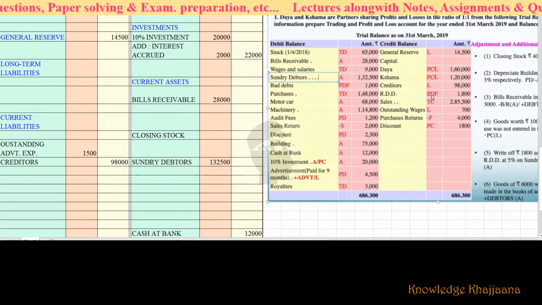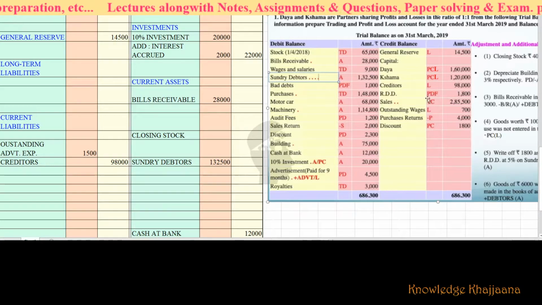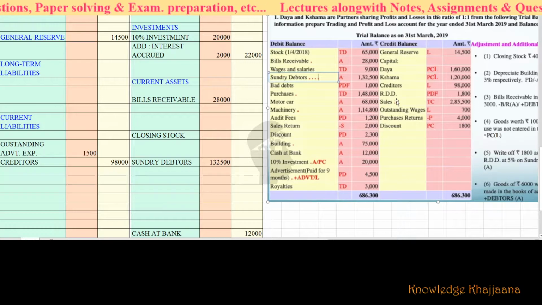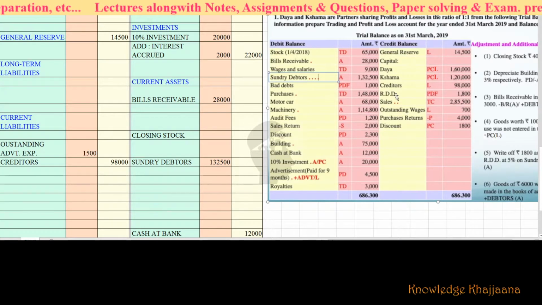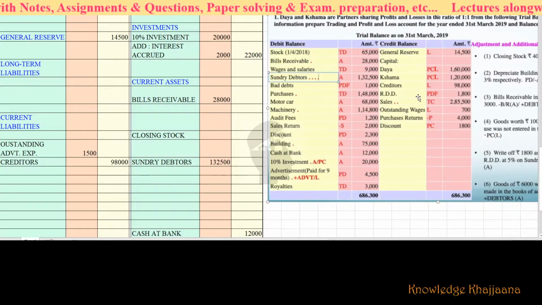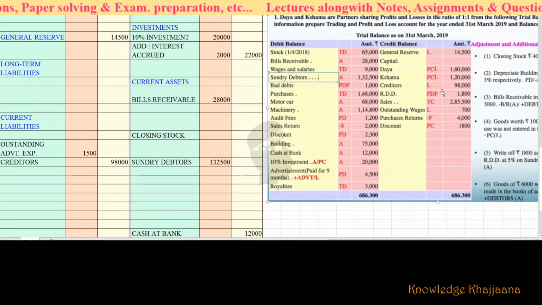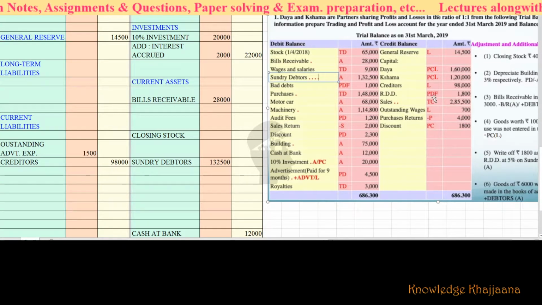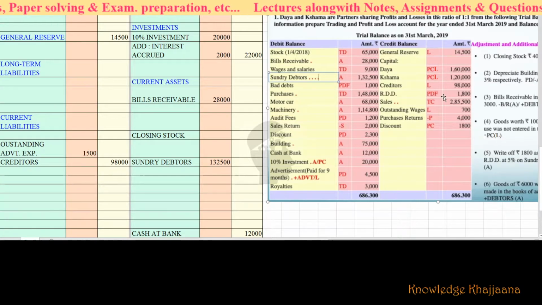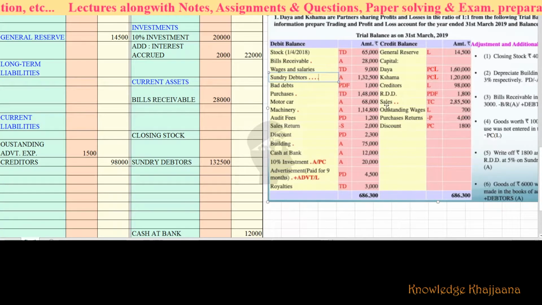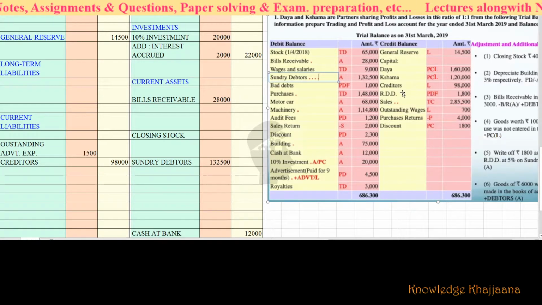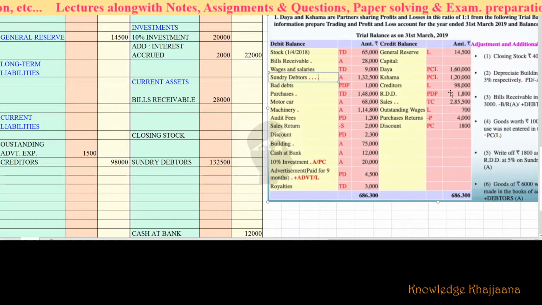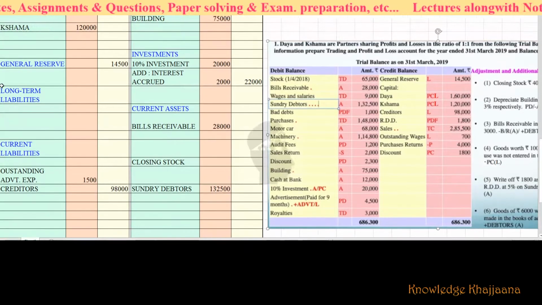Reserve for doubtful debts is rupees 1,800. It is given in the trial balance, which means it is the old reserve for doubtful debts. So we have to calculate it as per the formula in the profit and loss account debit side. What is our rule? If anything is given in the trial balance, it is considered old, and old reserve for doubtful debts must be deducted from bad debts.